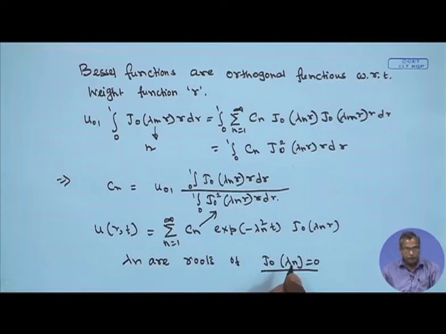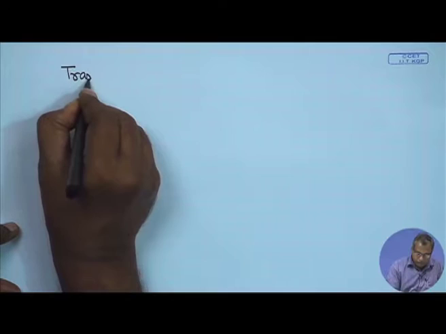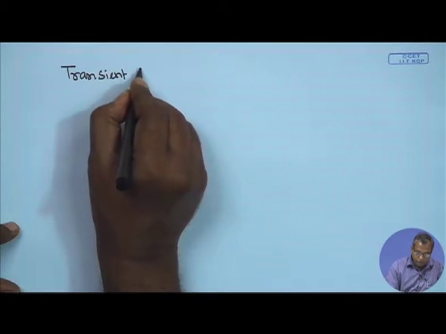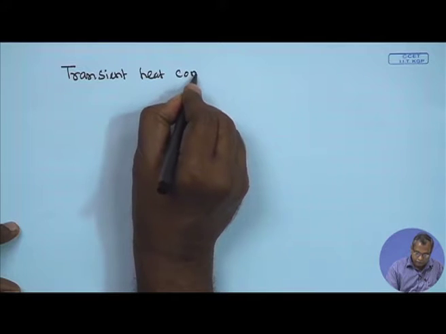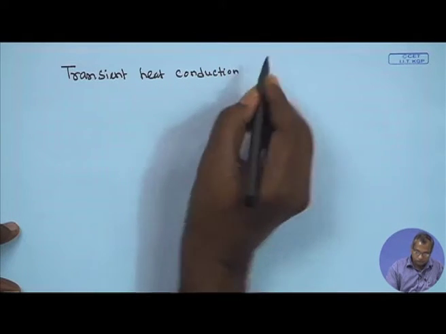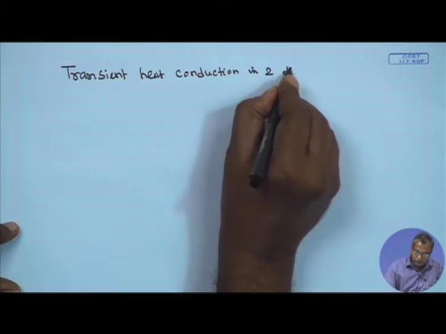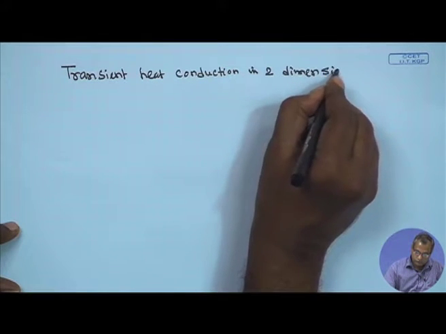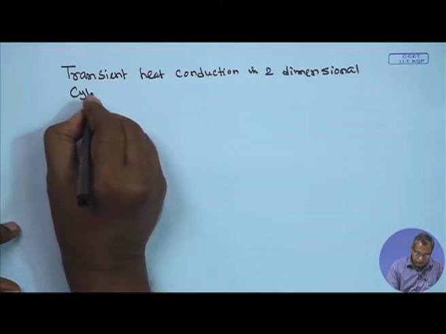So, that gives the complete solution of the one-dimensional transient heat conduction problem in a cylindrical polar coordinate system. Next, we will move ahead and solve a two-dimensional problem in cylindrical coordinate system. So, let us look into a transient heat conduction problem in two-dimensional cylindrical coordinate system.